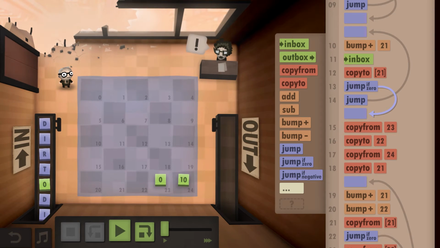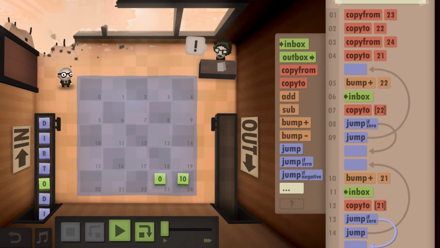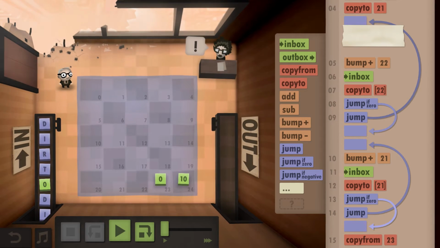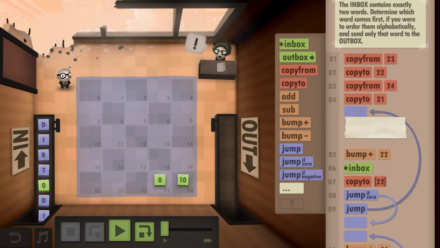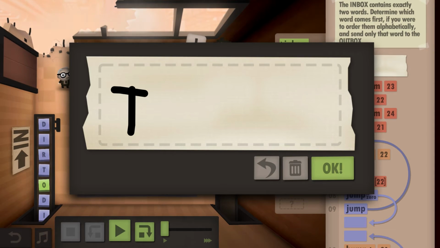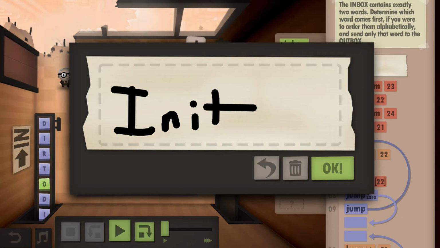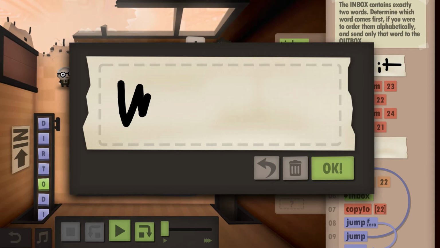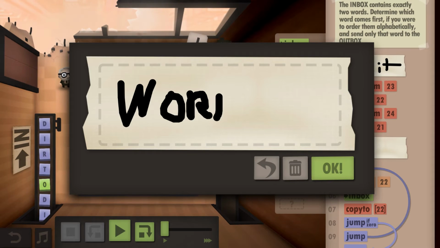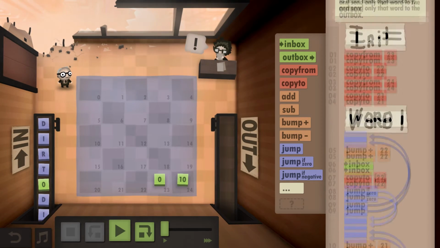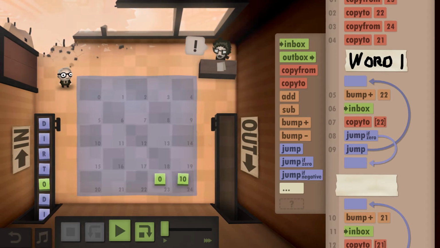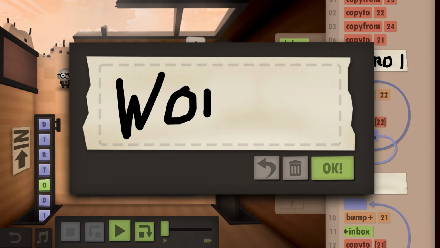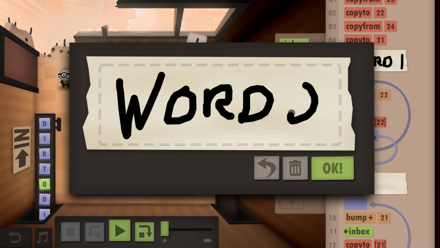Alright, so let's see, that is the word copy. Let's throw some comments in here. Maybe help out with the information here. Let's see, init. Word 1. Word 2.